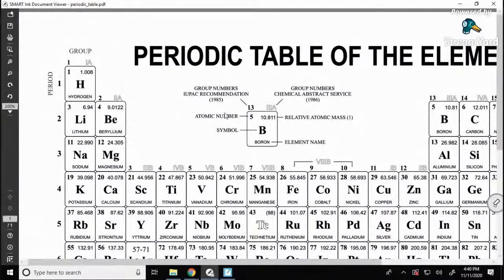that I have what's referred to as the relative atomic mass. The reason it's relative is that there's no units on this. So if I'm looking at hydrogen, the simplest element that we have, it has a relative atomic mass of 1.008.